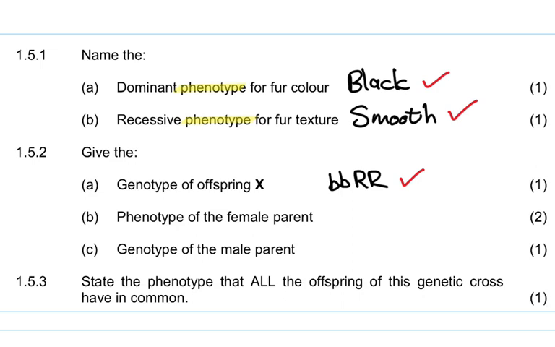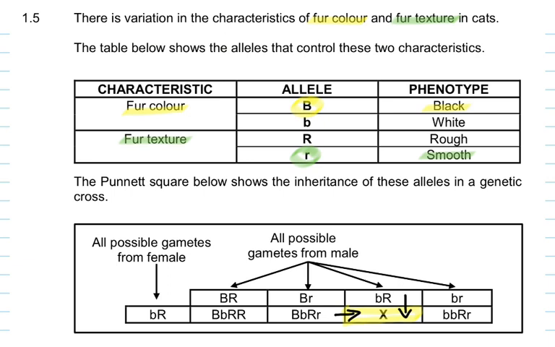Then our next question, sneaky, they just asked us about genotype. Now suddenly they're asking us for the phenotype of the female parent. Now, if we look at this, the female parent, there's the word phenotype, female, and the female parent is giving us only one type of gamete.